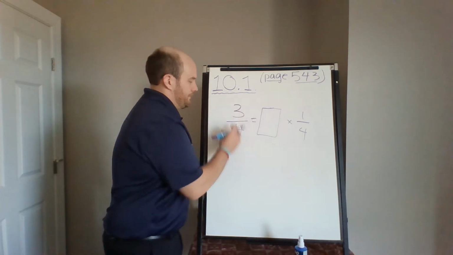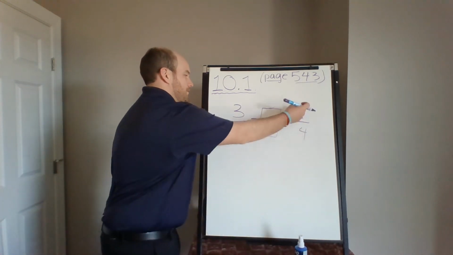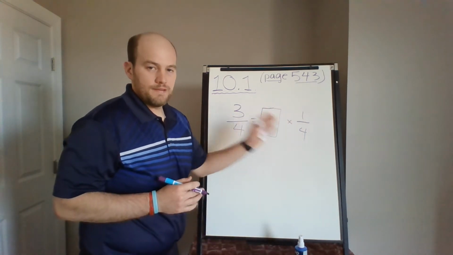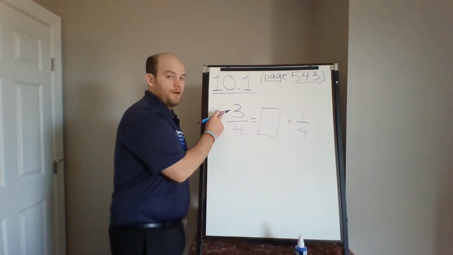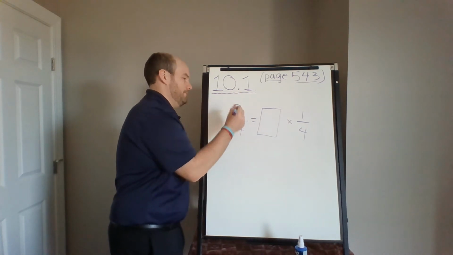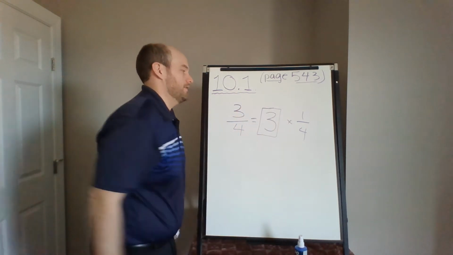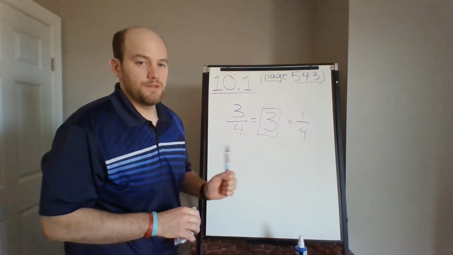So if you look over here, the denominators stay the same. Our unit fraction, the 1 is up top because that's a unit fraction, 1/4. And let's look back over here. Our numerator is 3. Put it right in there because that's going to be the number you're multiplying by. That's the answer for number 7. You can write that down.